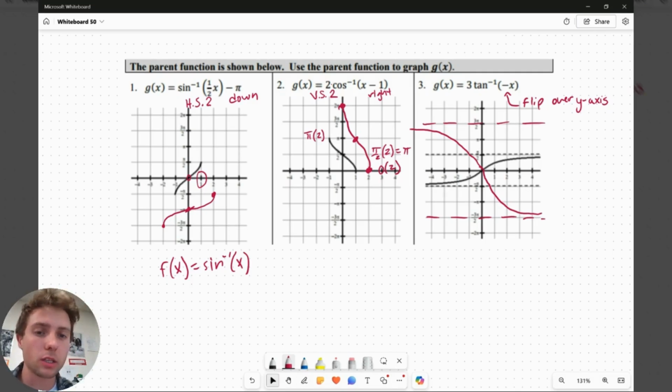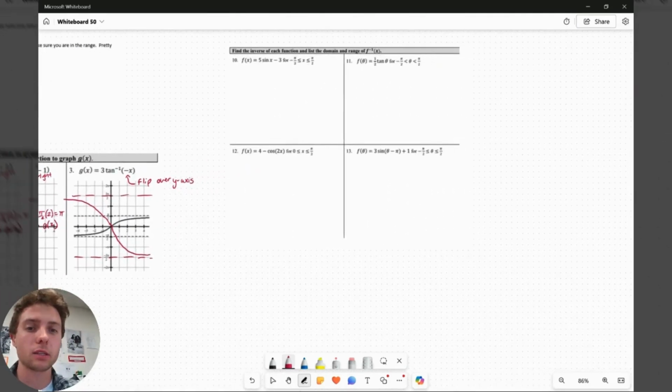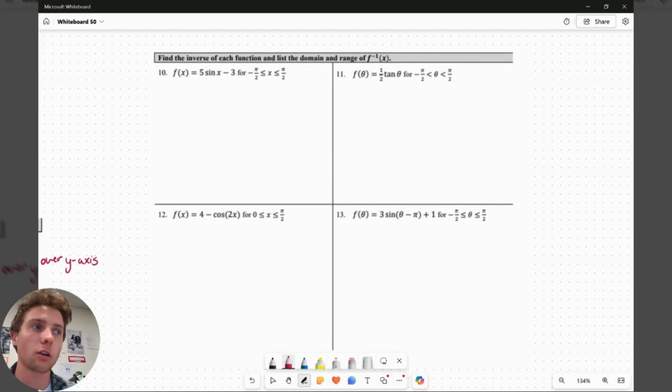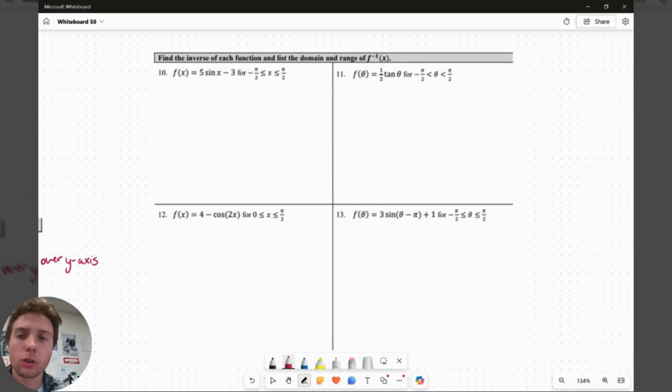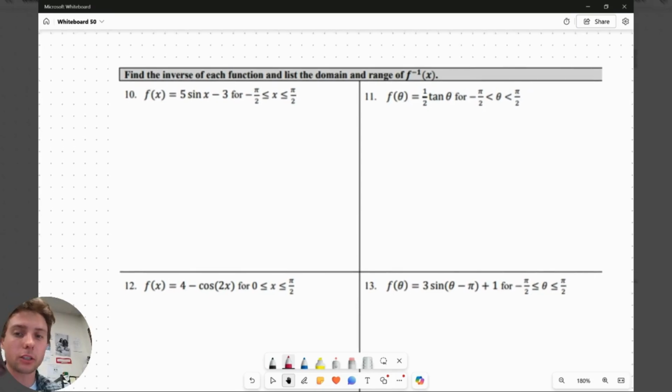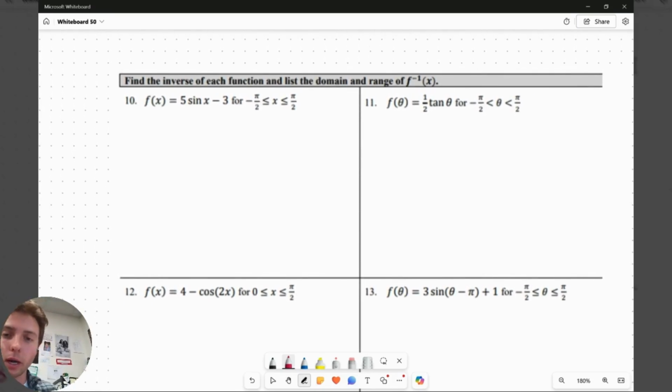So one thing we can do is look at different graphs. Another thing we can do, though, is look at solving. So number 10 tells us that we want to find the inverse and list the domain and range for the function. Okay, well, realize we have our function, and we know that this function has this domain.